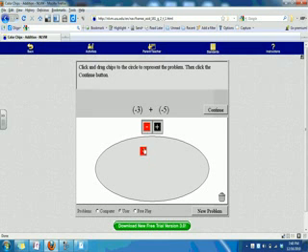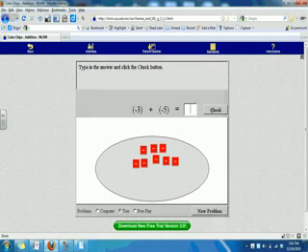Well, let's take a look. 3 negatives and 5 more negatives. Do we have any that we can pair up? No, I don't have any opposites. No positives and negatives. All I have are negatives. So I'm going to get a total sum of -8.